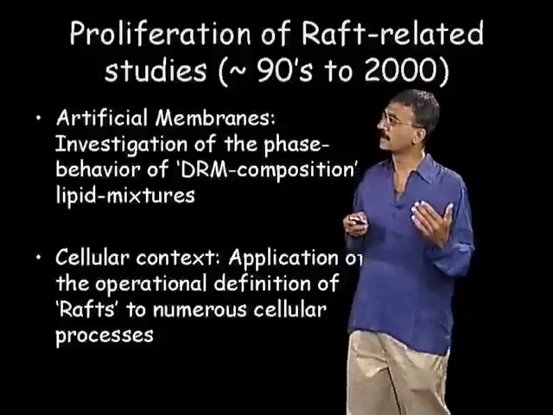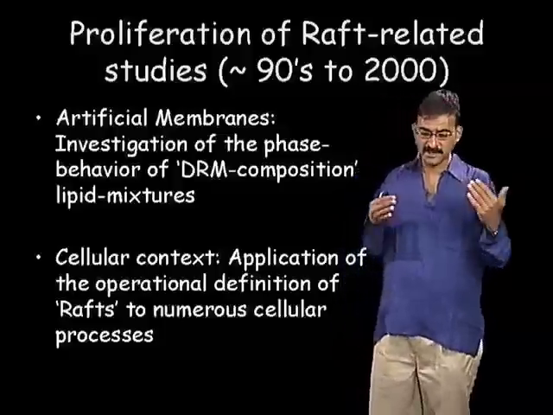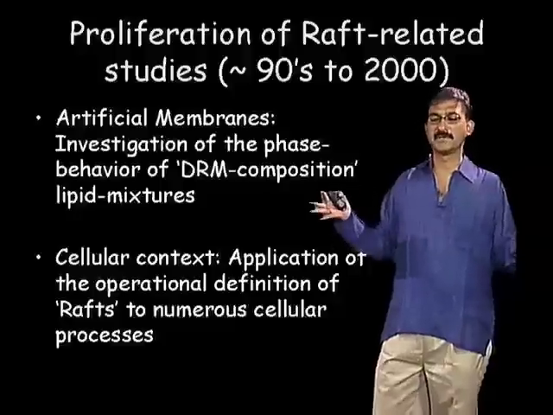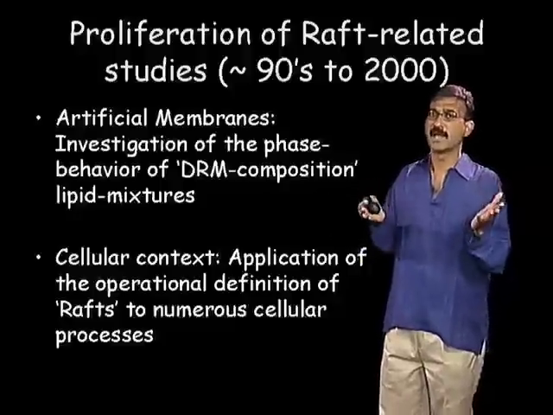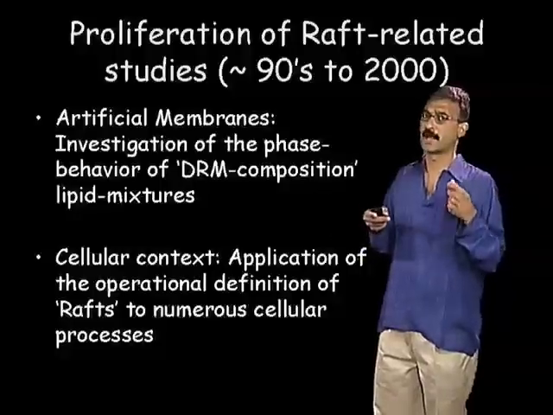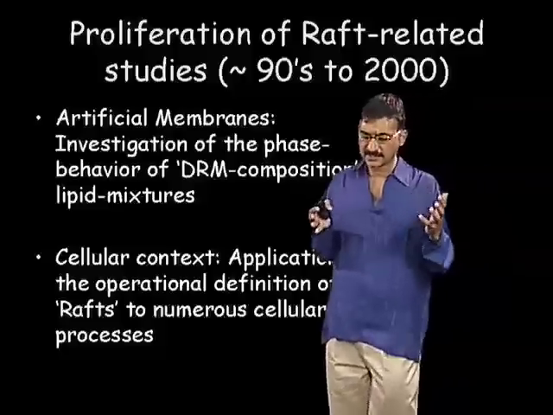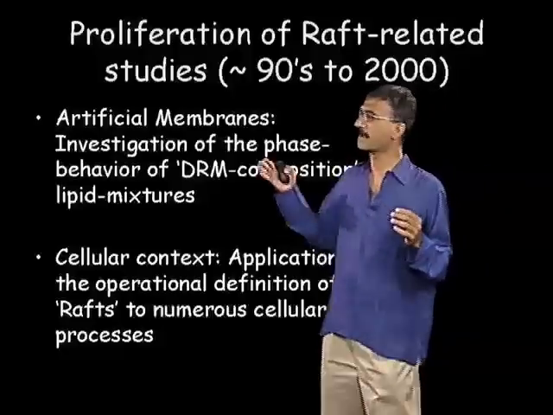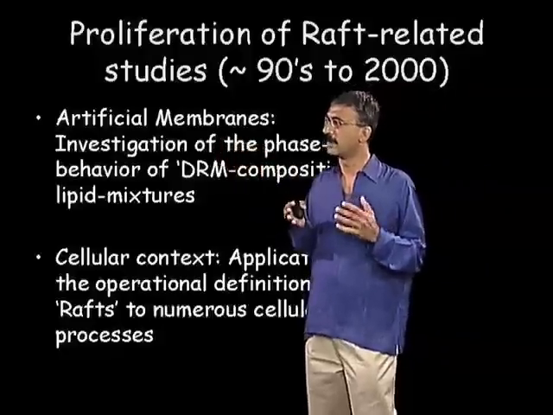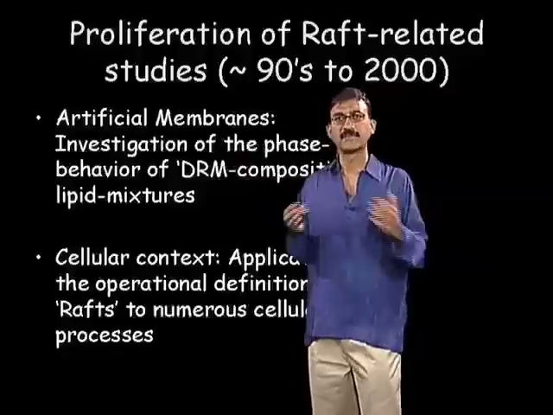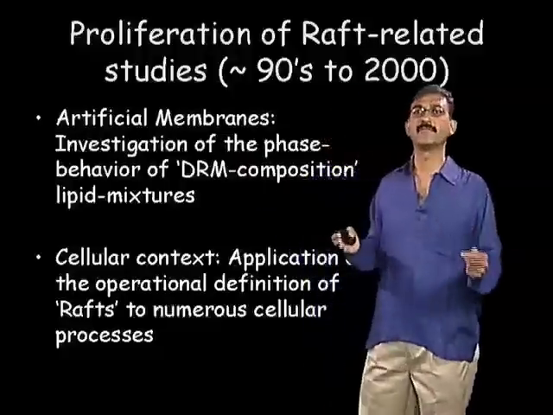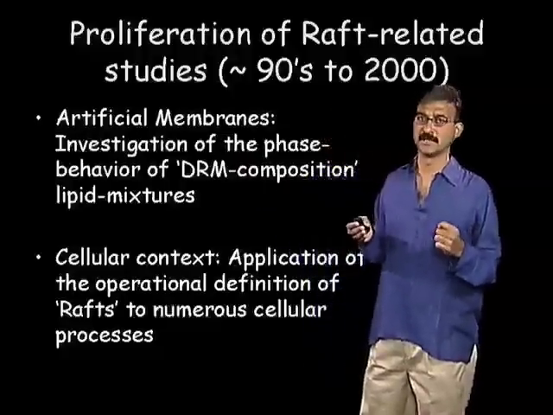But I think this idea that components could be segregated in cell membranes has also driven a lot of research in the artificial membrane arena, where people have spent a lot of time trying to investigate the phase behavior of these detergent-resistant membranes.